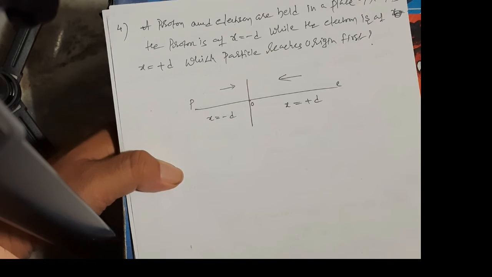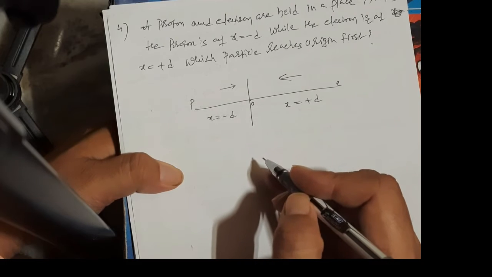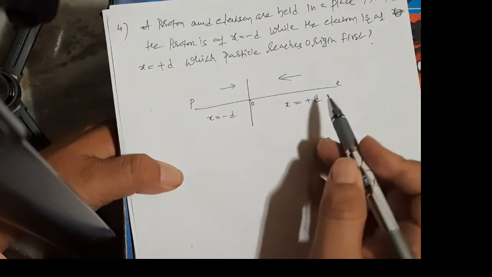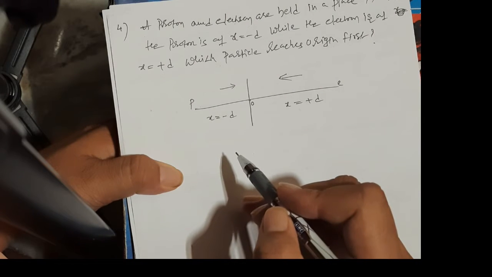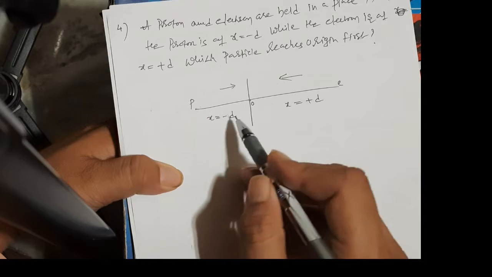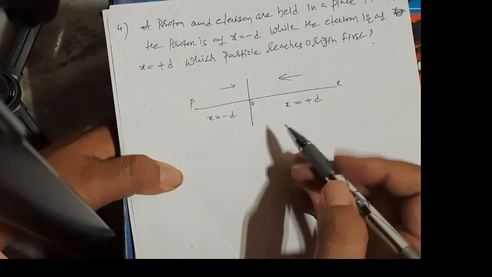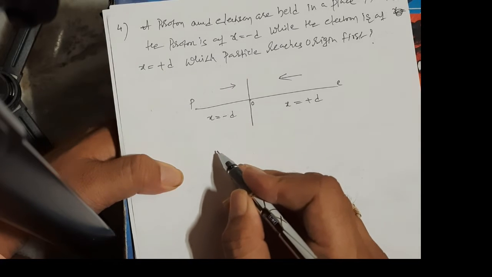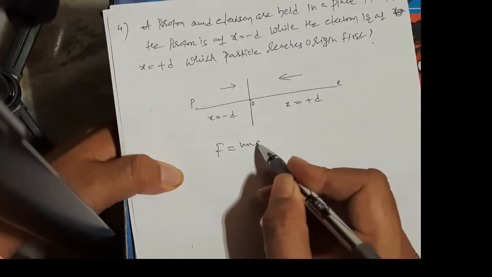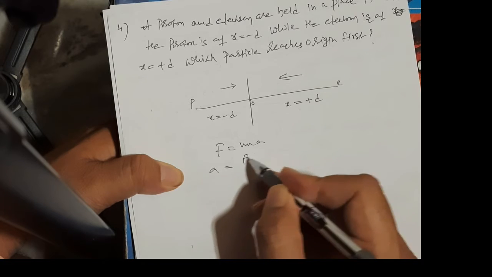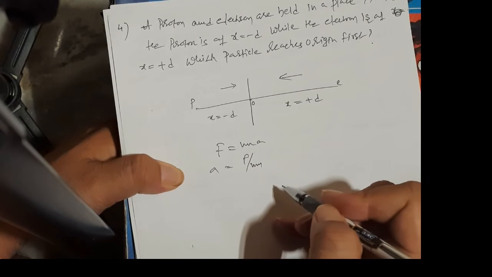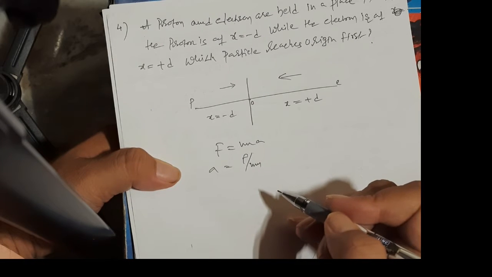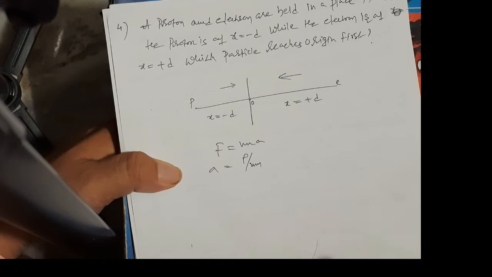So here, what is the initial distance between the proton and electron? The initial distance between the proton and electron is d plus d, 2d. We know that F is equal to ma, so a is equal to F by m.